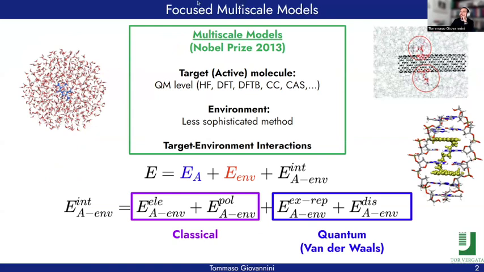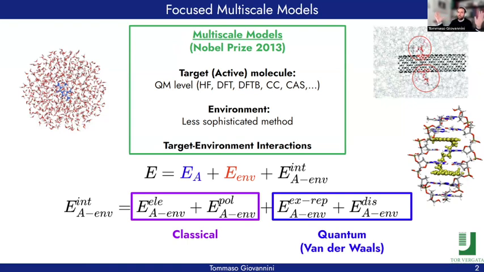Okay, the idea behind the multiscale models, in particular if you want to do spectroscopy, is that spectroscopic signals are properties that arise from the quantum world. So at least the target part of your system, the one on which you are focusing your attention, will be described at the quantum mechanical level. You can choose the method that you prefer: density functional theory, tight binding, highly correlated methods, coupled cluster, and so on.